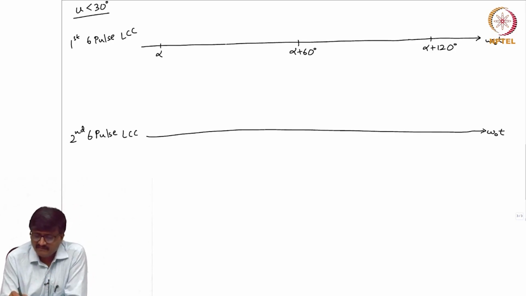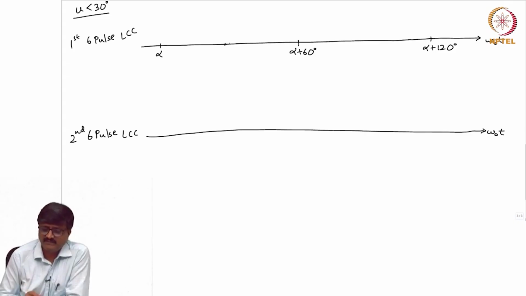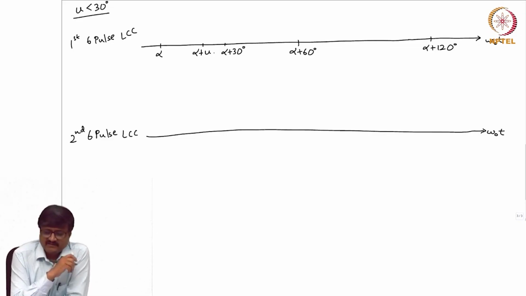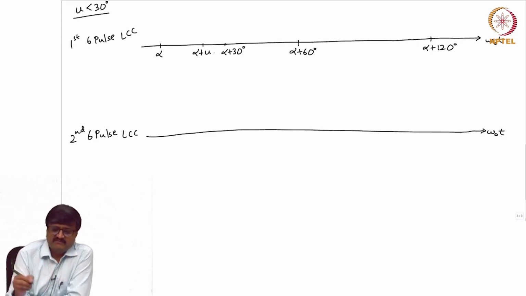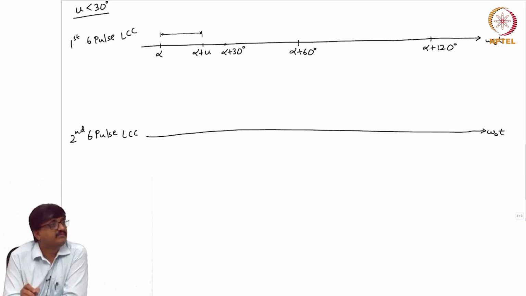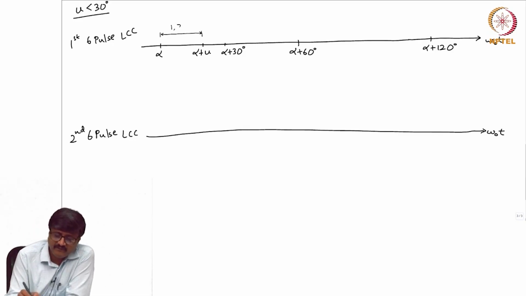Suppose this is alpha plus 30 degrees, and since u is less than 30 degrees, I show alpha plus u here. Say alpha plus u is less than alpha plus 30 because u is less than 30. So, if I take alpha to alpha plus u, what are the valves that conduct? 1, 2, 3.